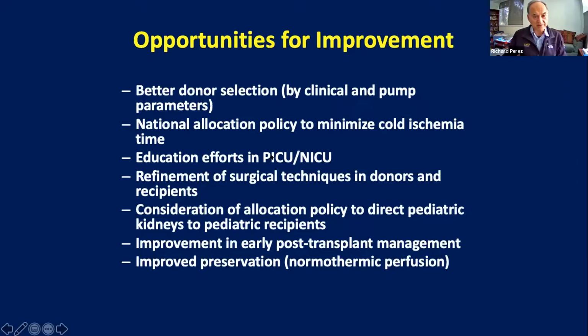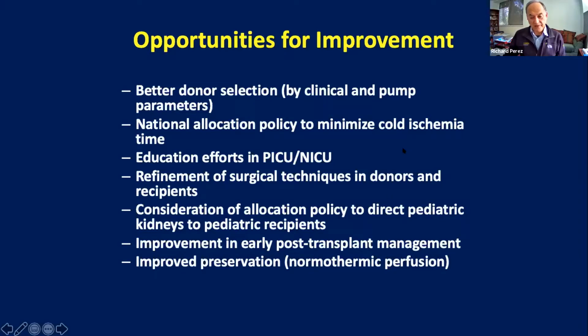Intense education efforts, both in the PICU, but more particularly in the neonatal ICUs. Ongoing improvement in surgical techniques, both the donor and the recipient. And then, as I mentioned before, consideration for allocation of these pediatric kidneys to pediatric recipients.